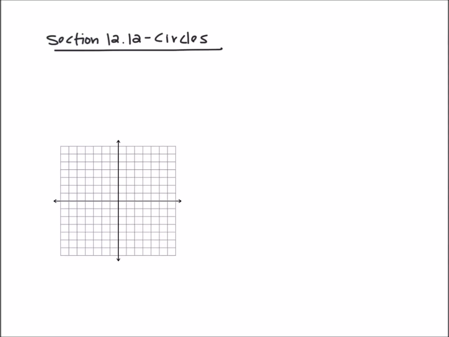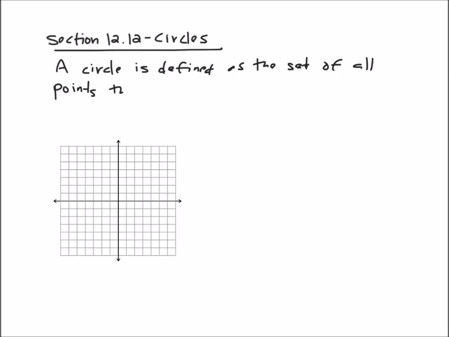Today we're going to be talking about section 12.12, which is about circles. A circle is defined as the set of all points that are the same distance from a given point.